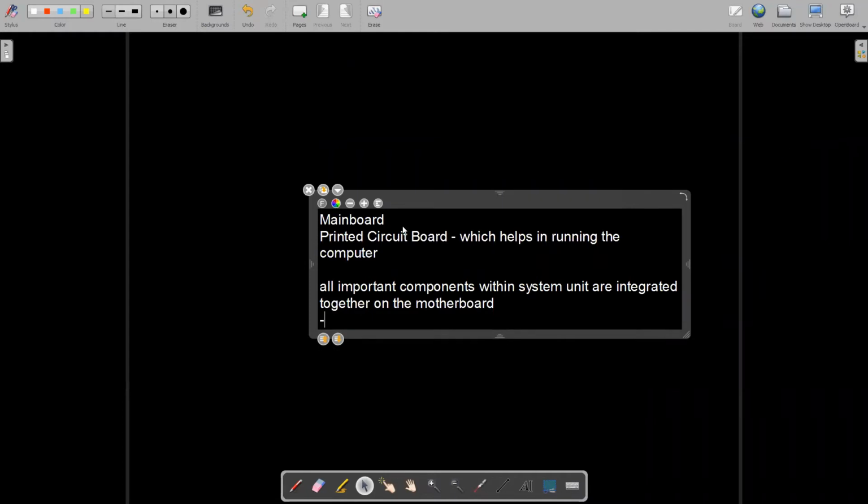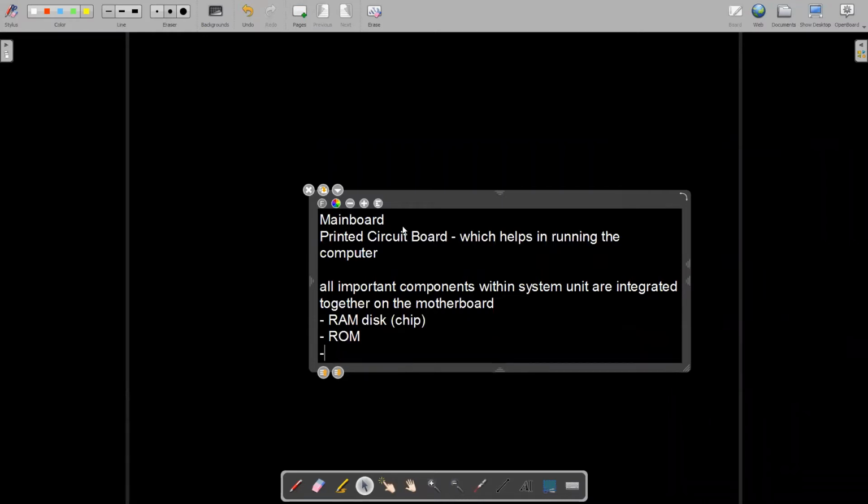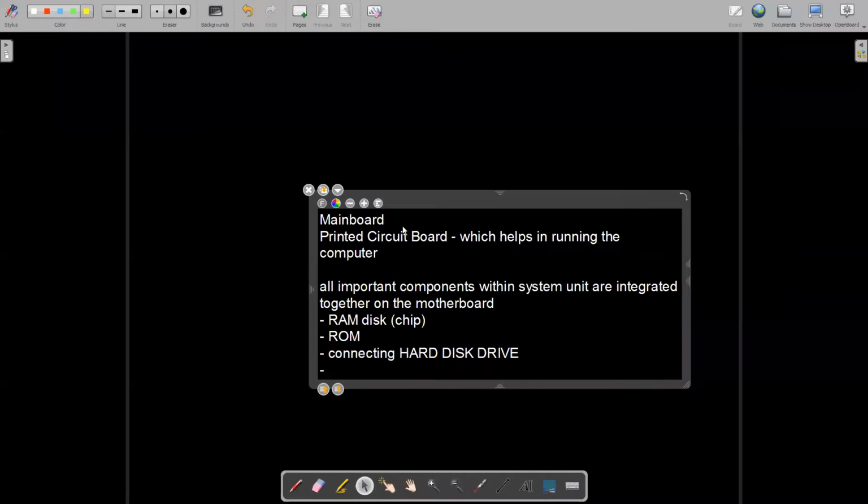So it has slots for your RAM. It's actually in the form of a chip. Then your ROM, slots for connecting hard disk, your hard disk drive.